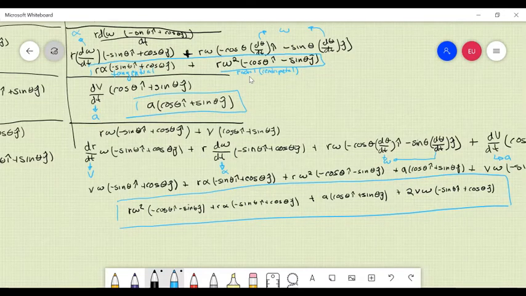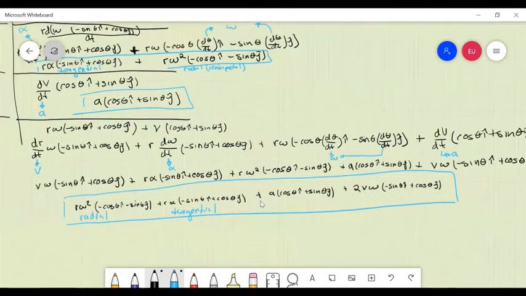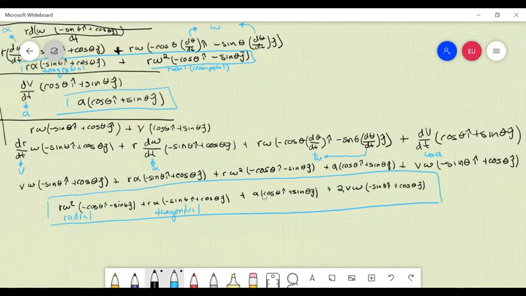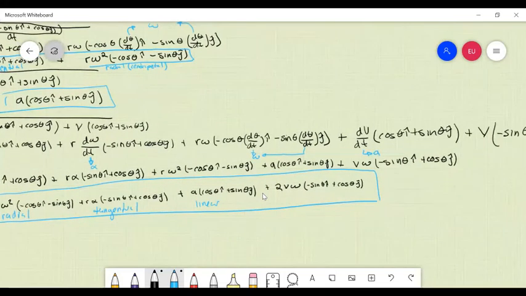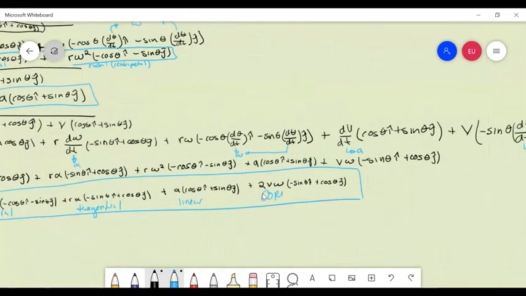So this is the centripetal or radial. This bit here is the tangential. This bit here is the linear acceleration. And this last term is called Coriolis acceleration.